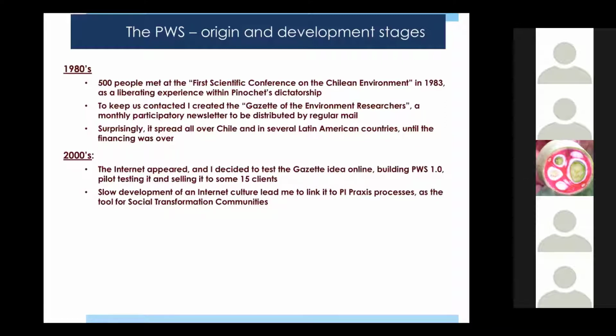It was really very hard to let people understand that things could be done online. So this led me to link the PWS to the PI praxis processes as the tool for the social transformation communities, that big yellow part.